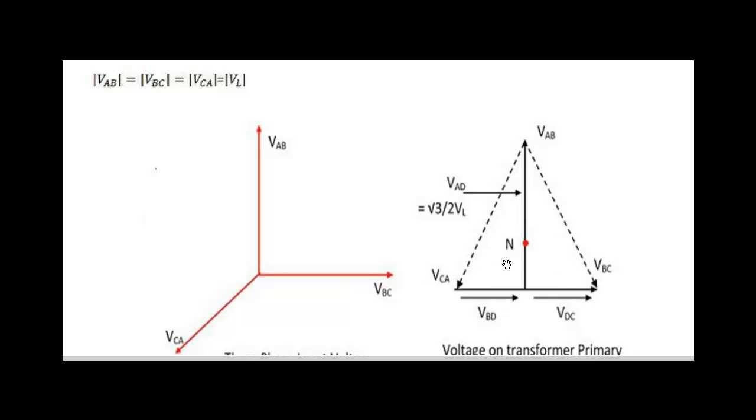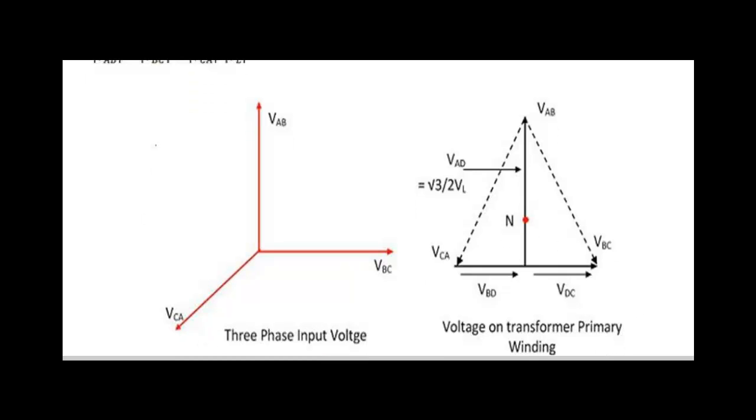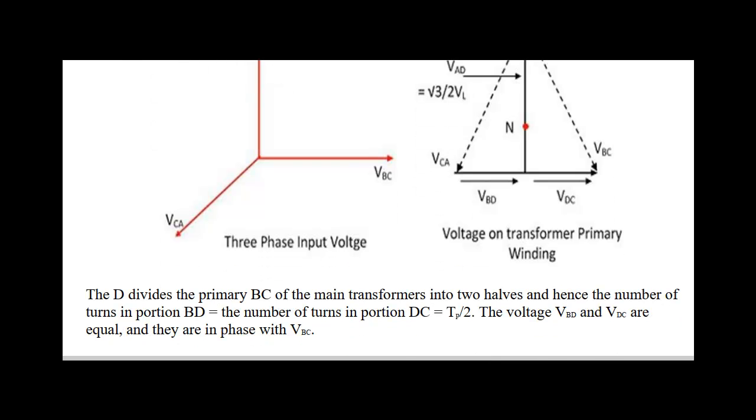Tapping voltages. The tapping D divides the primary BC of the main transformer into two halves, and hence the number of turns in portion BD equals the number of turns in portion DC, equal to Tp/2, where Tp is the number of turns in the primary.